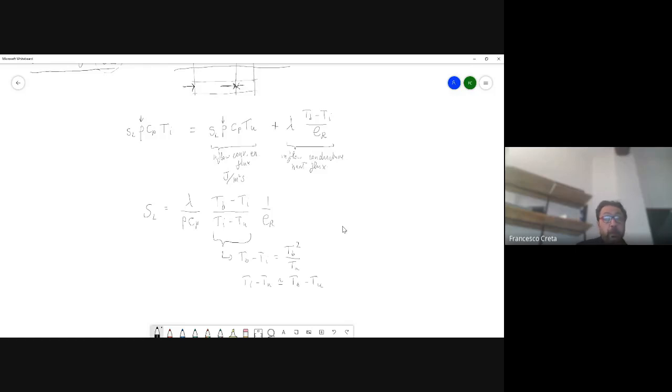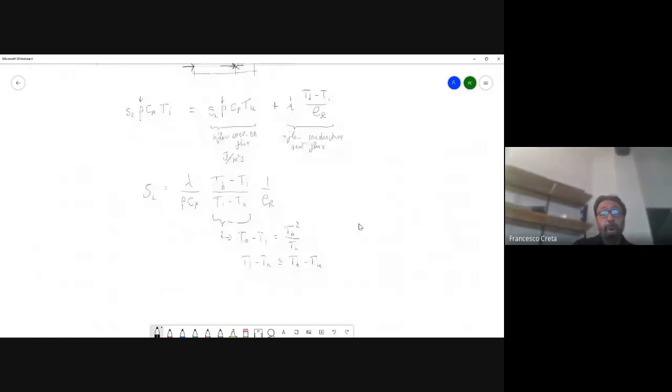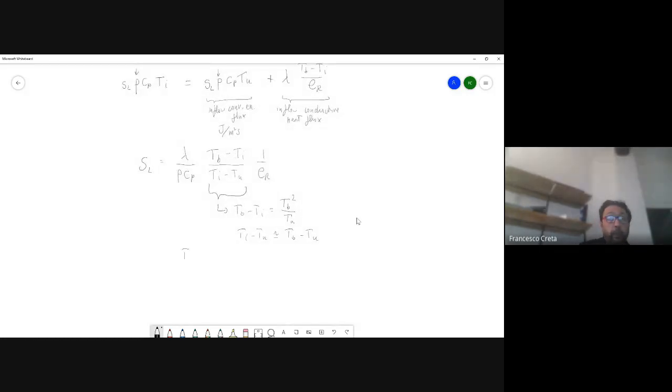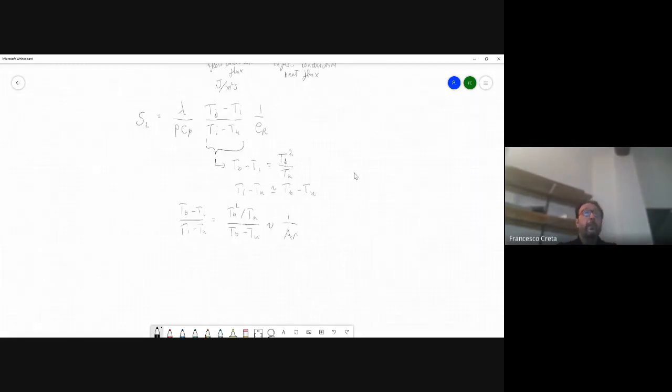So the ratio of Tb minus Ti to Ti minus Tu can be written very simply, like before, as Tb squared over Ta, over Tb minus Tu, and we assume this to be approximately equal to the inverse Arrhenius number.